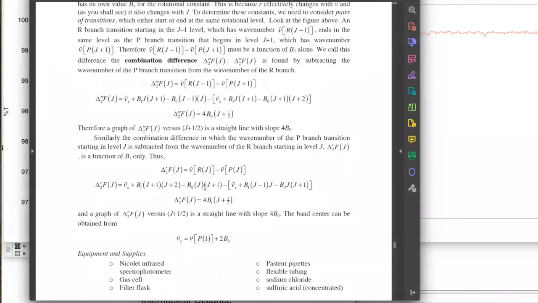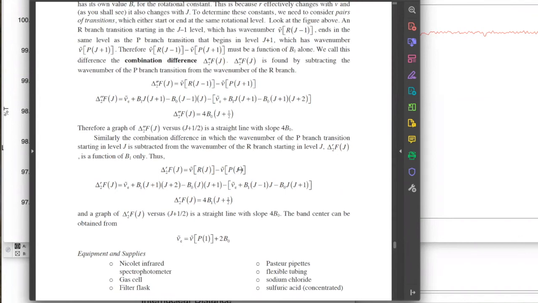And we have the frequency that we expected for the R branch transition, because it starts in this J and goes to the J plus 1 state. And we're going to subtract off from that the wave number of the P branch transition that started in the same level.